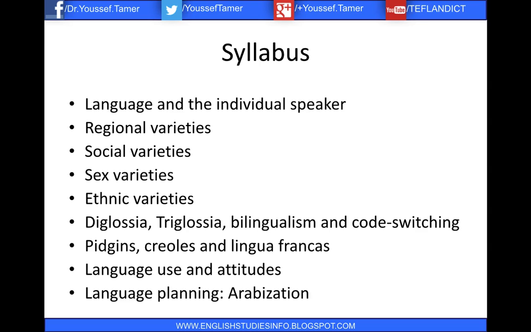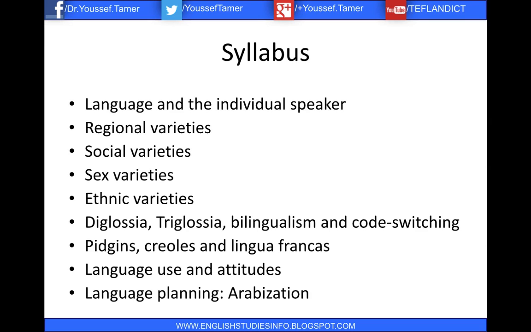They try to establish language planning, language policy for their speech community on the basis of which dialect, which language, which variety they consider the most important, and they try to adopt it as a national language. As an example of this language planning, we will focus mainly on the Arabization process that has taken place in Morocco. It's a policy that has been adopted by the Moroccan government after independence.